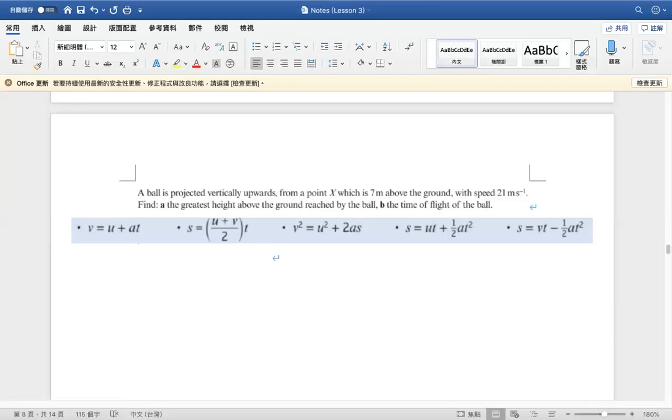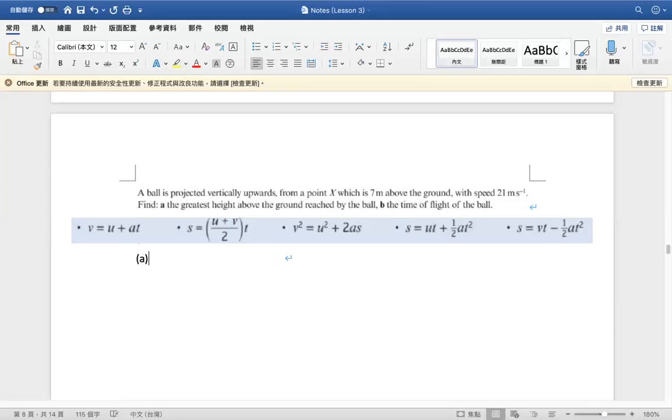But when you talk about the trajectory of the particle, the particle may go back and then go front, right? Then in that case, distance is not the same as displacement.